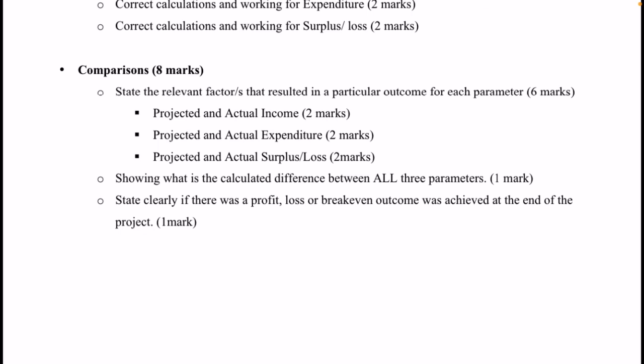So, the income, the projected income is, and you state what it is. Let's say it's greater than the actual income. You need to say by how much. If this is done for all 3 parameters, then you get an additional mark.